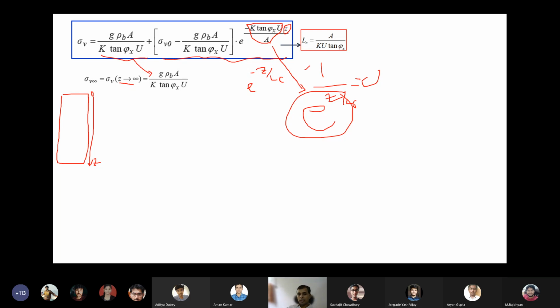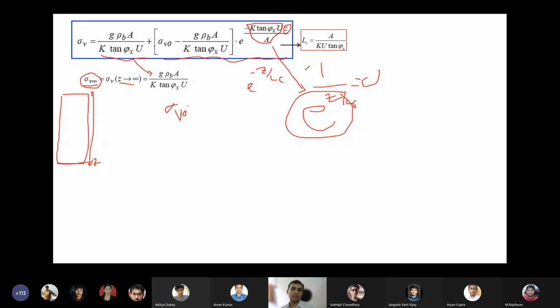One important observation we want to emphasize here is that for very high heights, for very tall silos, the stress at the bottom of the silo doesn't depend upon sigma V naught, the initial stress.